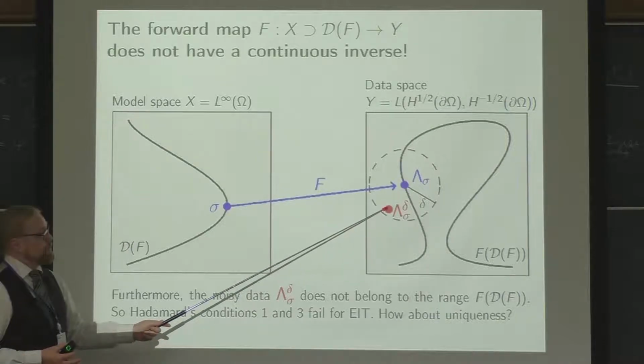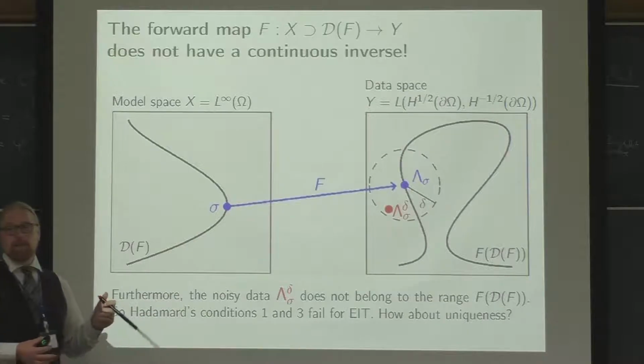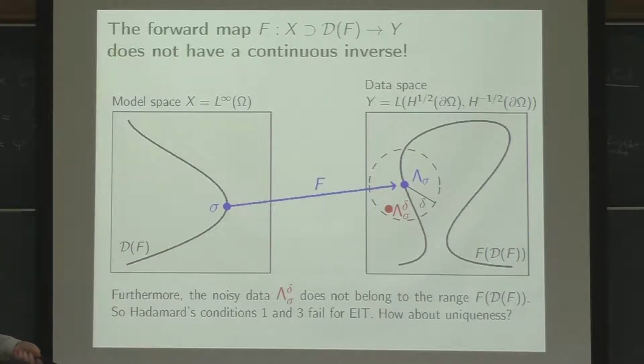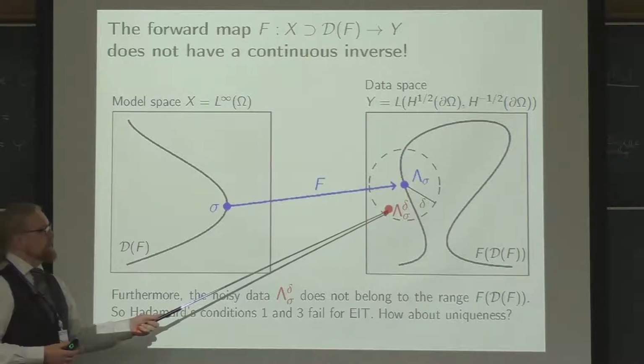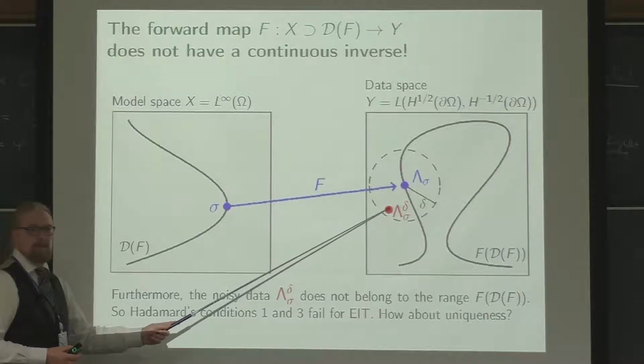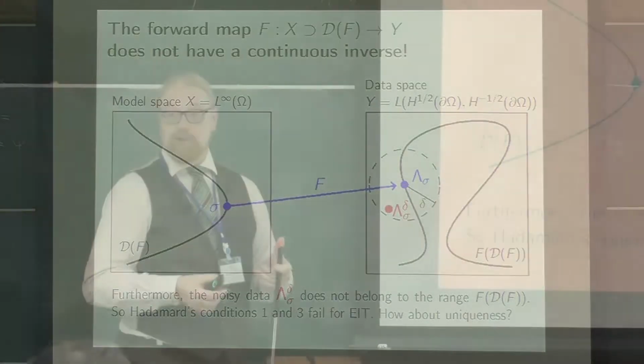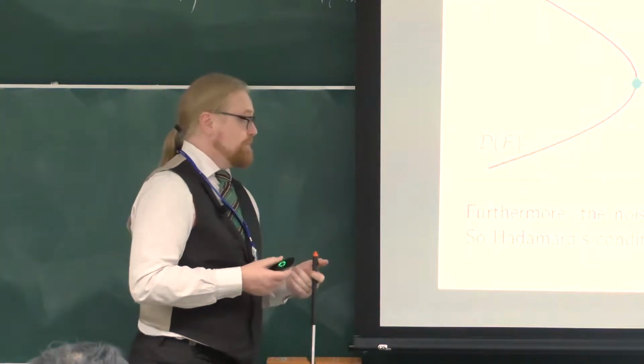So it will not be in the range. So this means that in the Hadamard case, there is no existence of solution. There is no conductivity that would have this as its Dirichlet-Neumann map. So we are failing the stability and the existence.